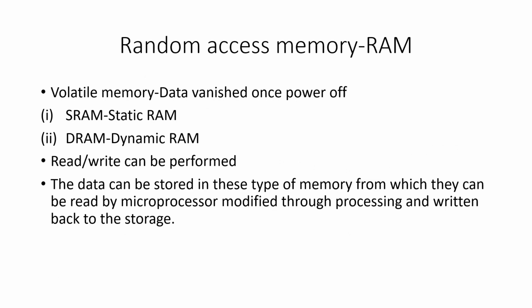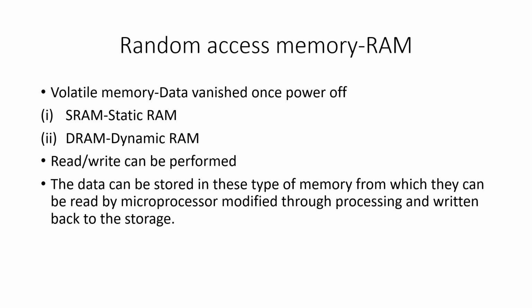Let us see random access memory in detail. Random access memory is volatile memory. Volatile means the data stored in the random access memory can be erased or vanish once the power is off, so it is called volatile memory. The types of RAM are static RAM and dynamic RAM. We can perform read operations as well as write operations in random access memory.